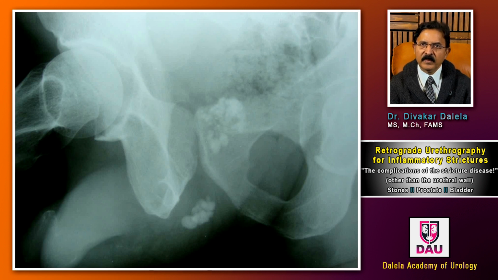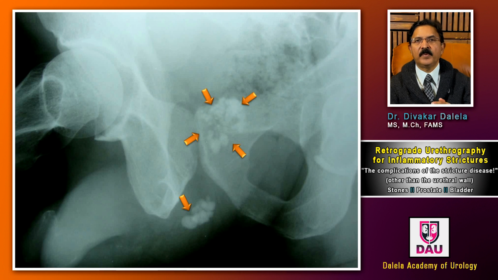The ones below are stones in the bulbar urethra, and the ones in the area of the prostatic urethra or in the area of the prostate gland are stones which are formed in dilated prostatic ductal cavities. So what has actually happened in this patient? Because of long-standing stricture disease, this patient developed infection in his prostate gland. His prostatic ducts got dilated, and then because of stagnation in the prostatic ducts, stones formed in the prostatic duct.